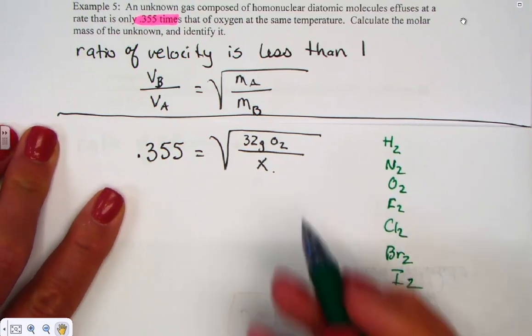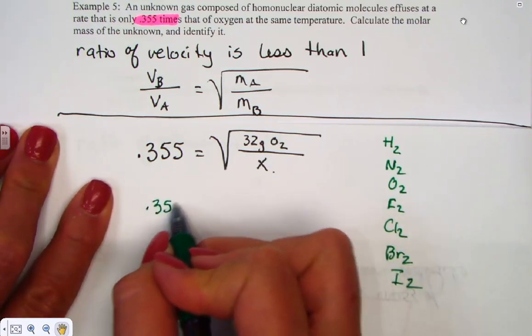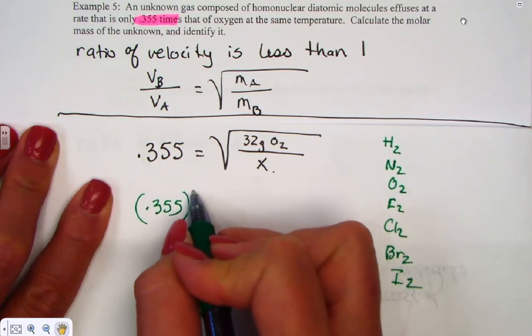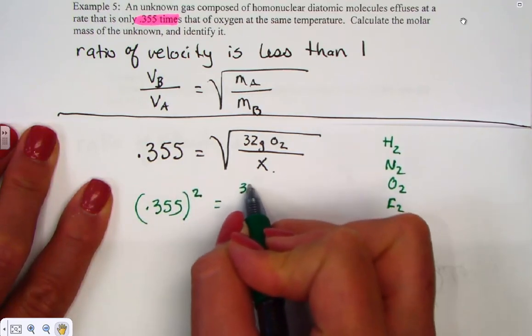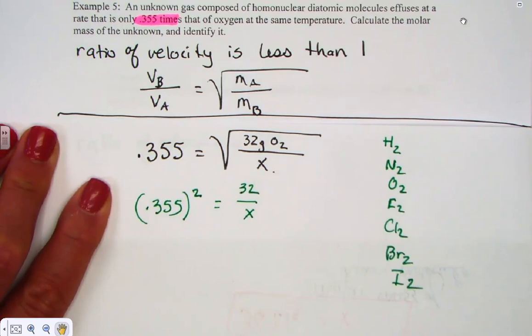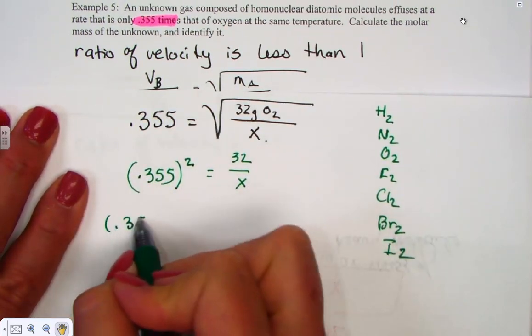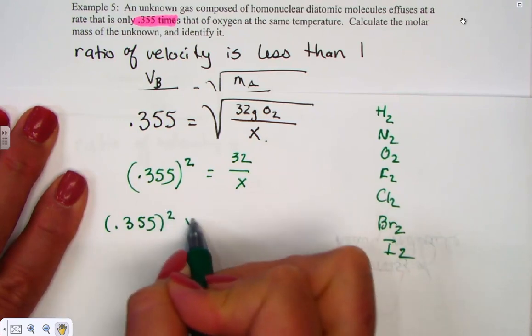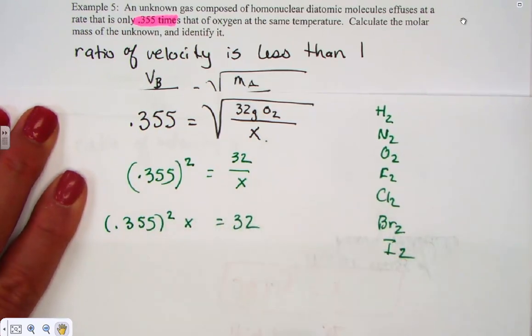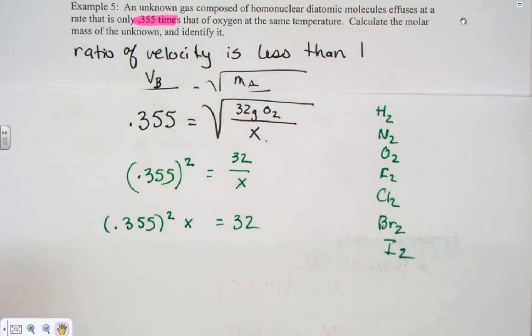Alrighty. So first thing, let's get rid of the radical. We're going to square both sides. 0.355 squared is equal to 32 over X. The X, of course, comes up here. 0.355 squared X is 32.